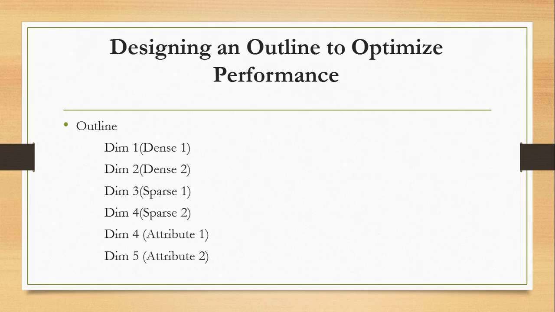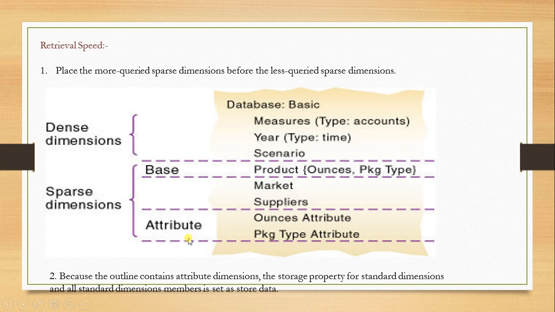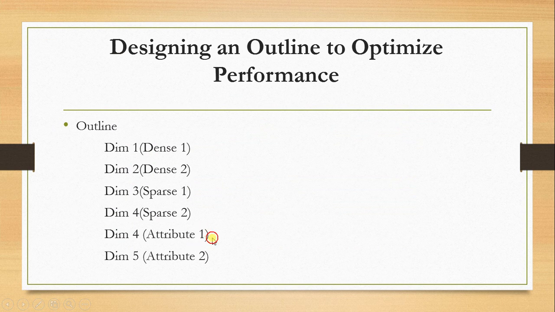The structure of the outline should be as listed here: dimension 1, dimension 2, dimension 3, dimension 4 and 5. As we can see here, the attribute dimensions are at the last of the outline.